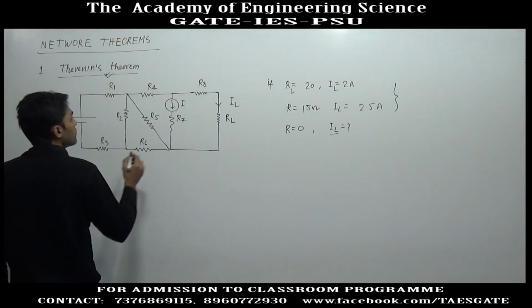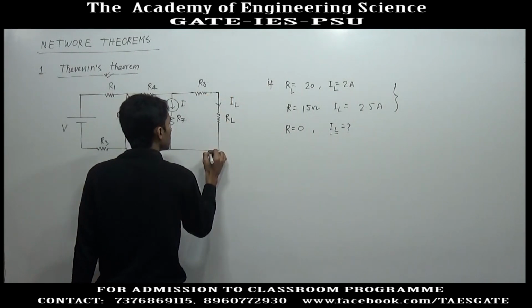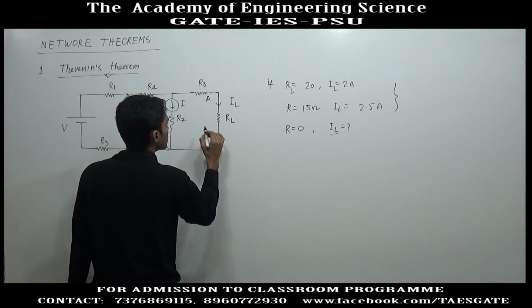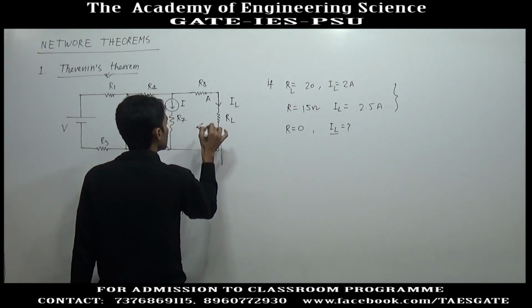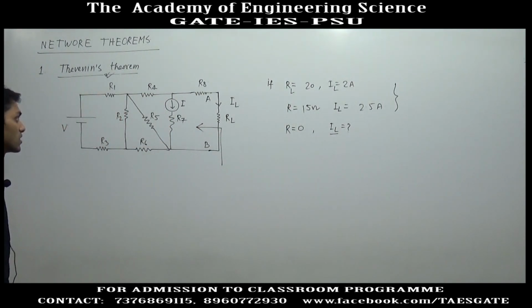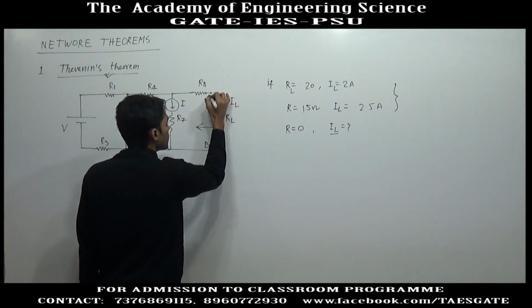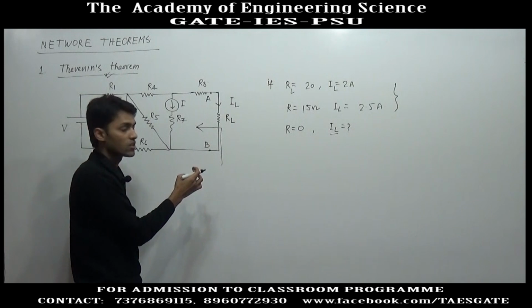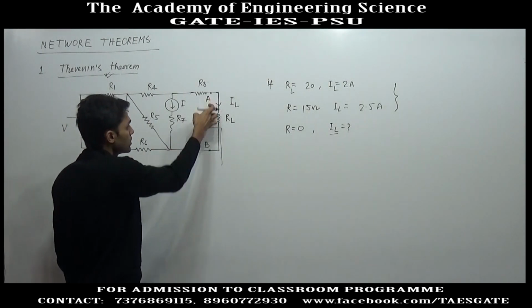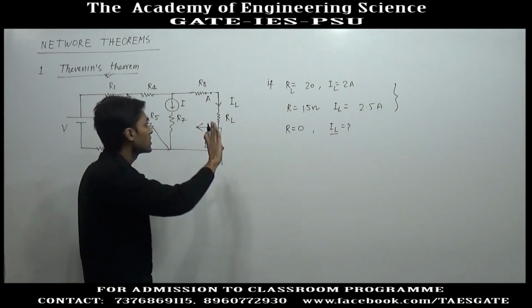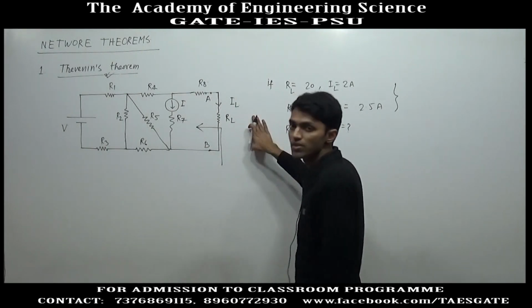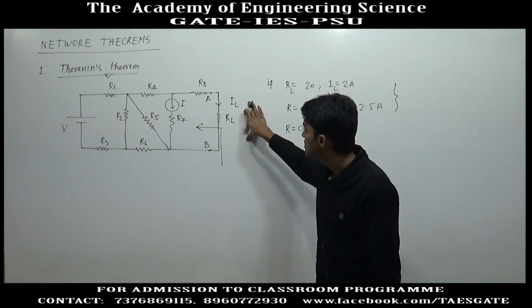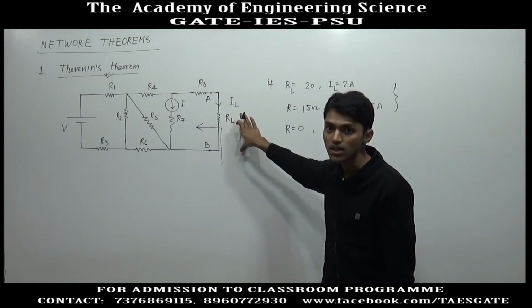So if we apply Thevenin theorem about terminals A and B, I will say that I am applying it to the left of terminals A and B. I am not transforming the circuit to the right of terminals A and B, so it will be as it is, even in the new circuit.